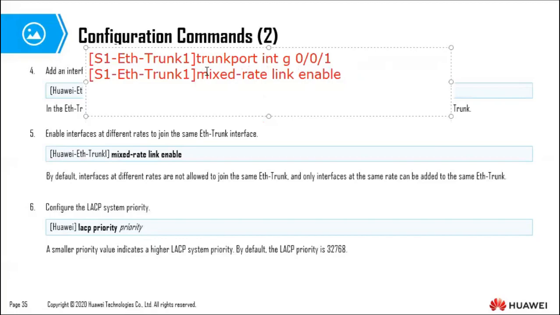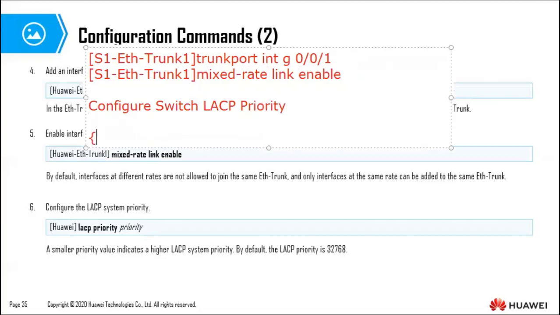How do you configure a switch LACP priority? Configure switch LACP priority. So the command is, on S1 system view, you do lacp priority, then the number, the priority.